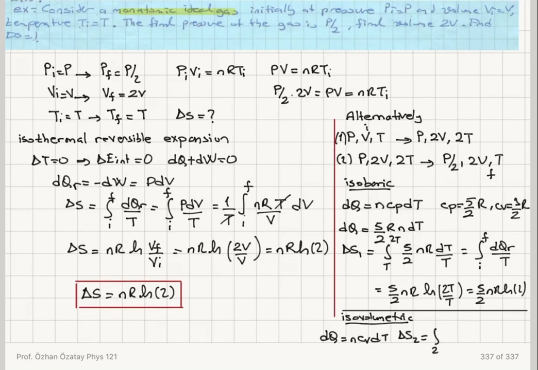I'm going from a temperature 2T to T. Cv is 3 over 2 R, so 3 over 2 nR dT over T. So I will find that the entropy change in the second process is 3 over 2 nR natural logarithm 1 over 2.